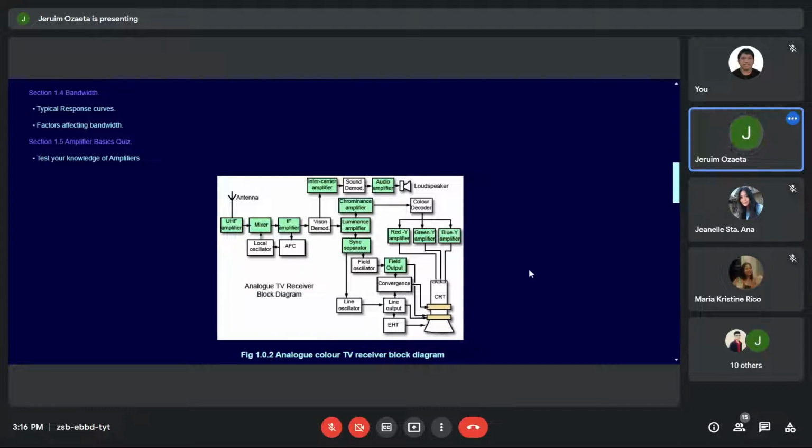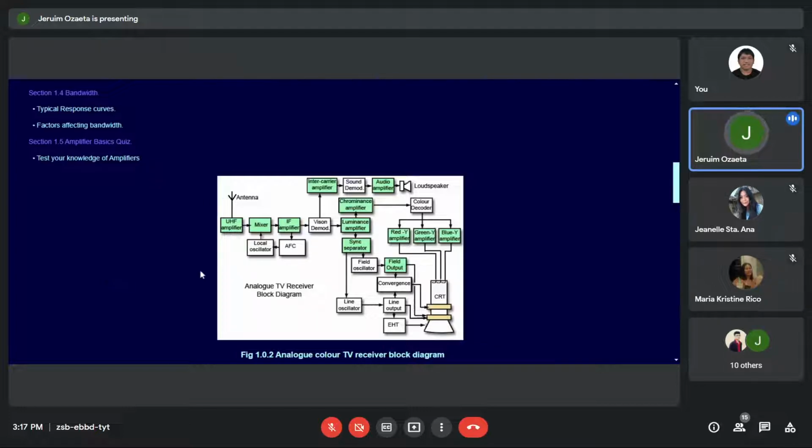So in this case, a TV block diagram is represented by the input of the signal which is picked up by your UHF antenna. Ito. Na, ngayon, yung UHF antenna, makukuha mo din yung radio signal coming from the station in the range of about 500 megahertz.